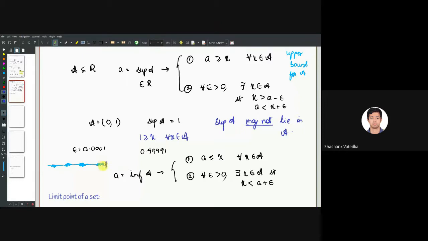So there is some point in A which lies in between these two. So this is A, this is A minus epsilon. Similarly, for the infimum, say B is the infimum. If you look at any B plus epsilon, then you can always find some point in between.